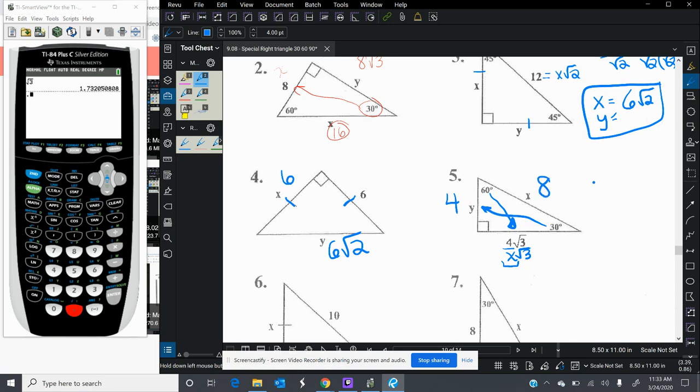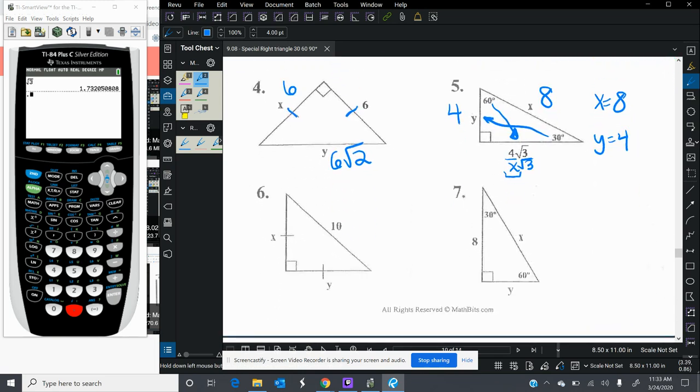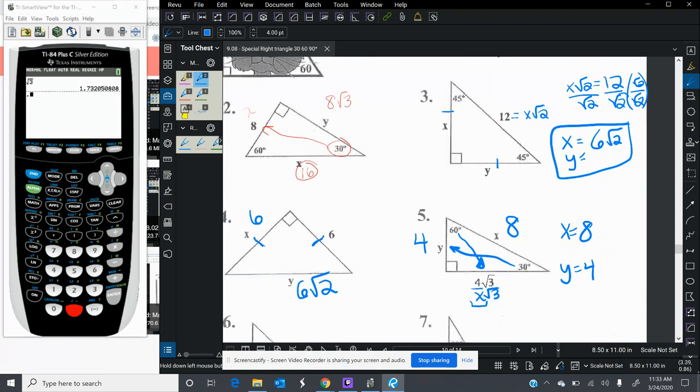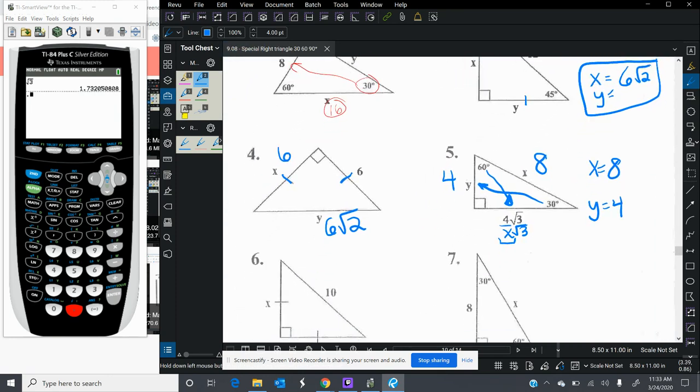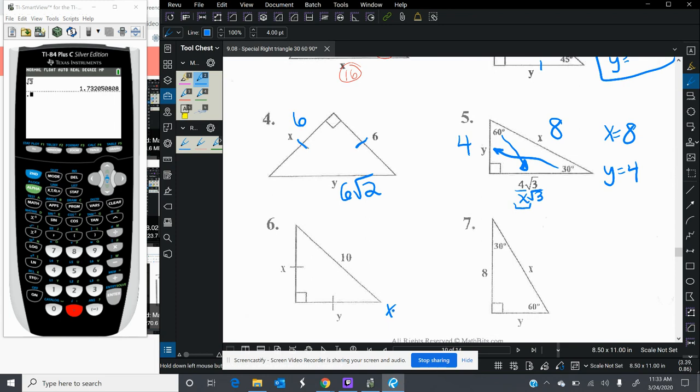So it would be 8. x is 8 and y is 4. Number 6 is very similar to number 3. So here you should get x and y equal 5 radical 2.